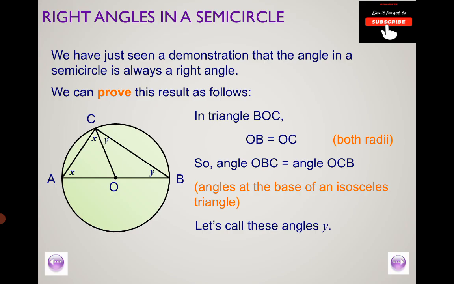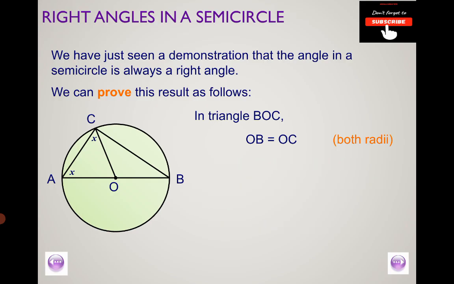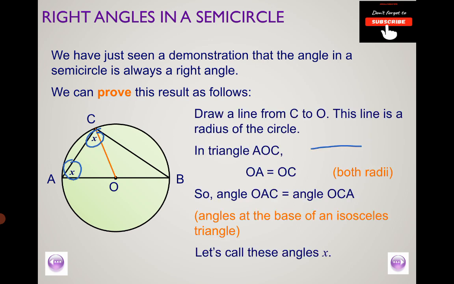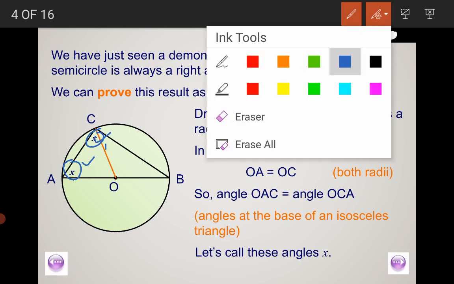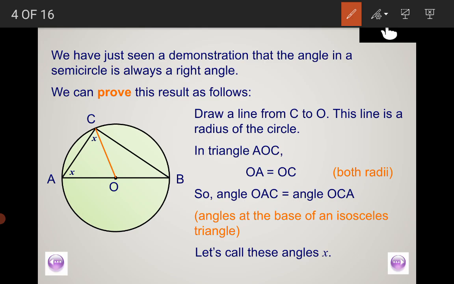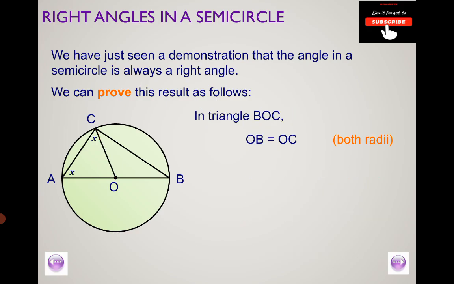Let's go back a bit. If we let these angles be x, so there's an x here, an x on this angle, and another x on that angle there. Okay, so we are saying if we let these angles be x, and we go on to look at triangle BOC.